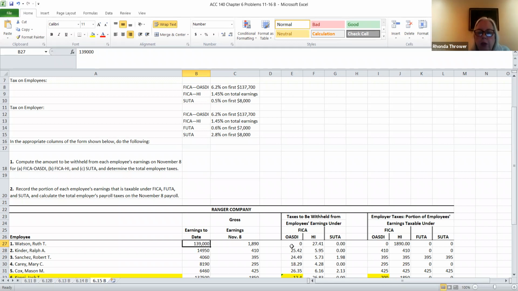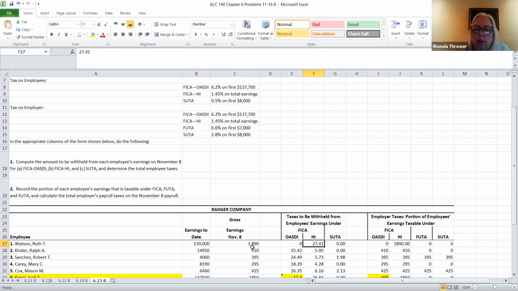So the tax amount would be zero because they've gone over the base of $137,700.